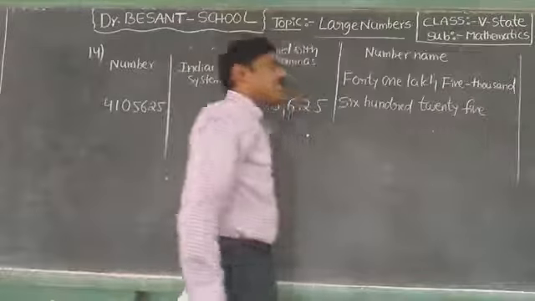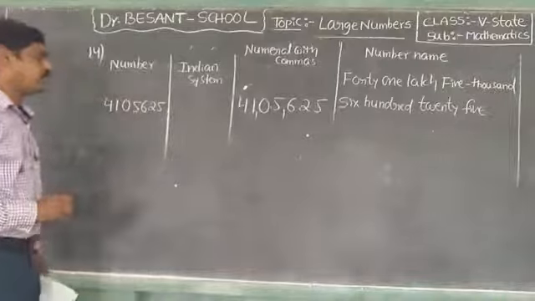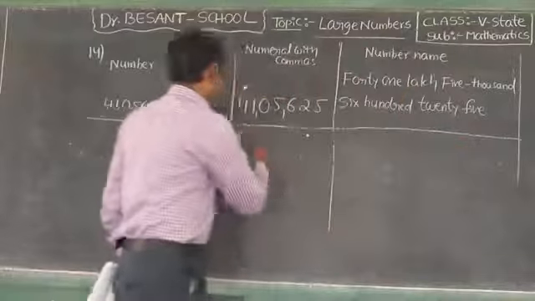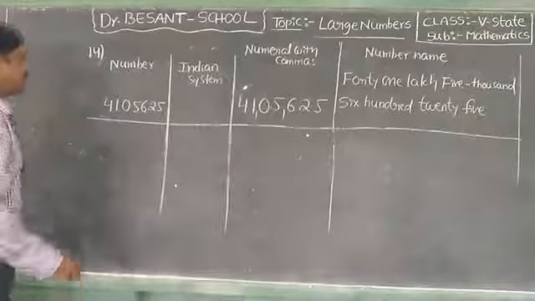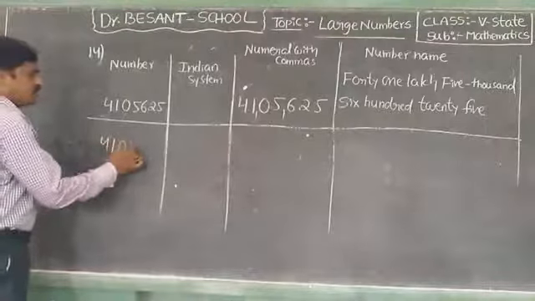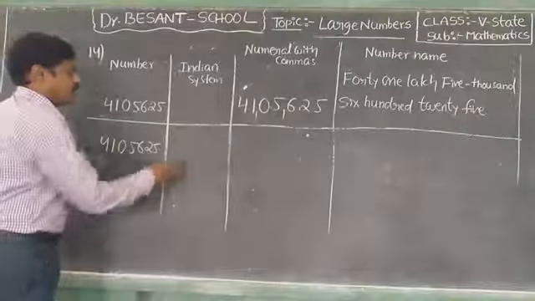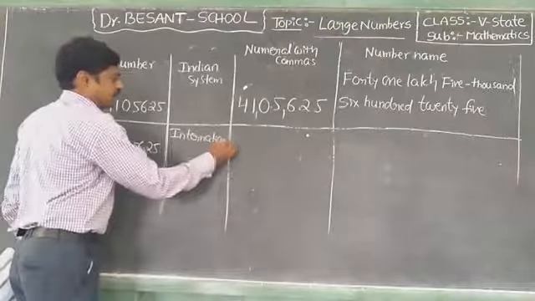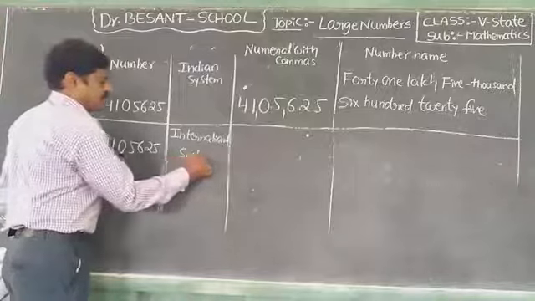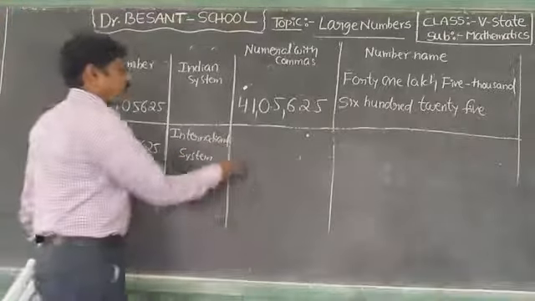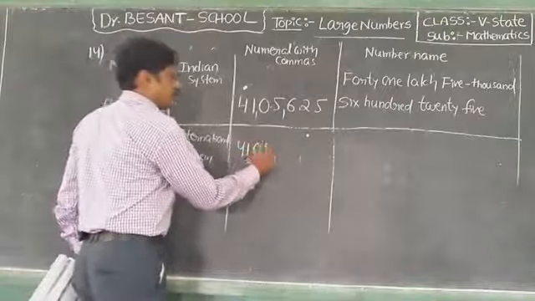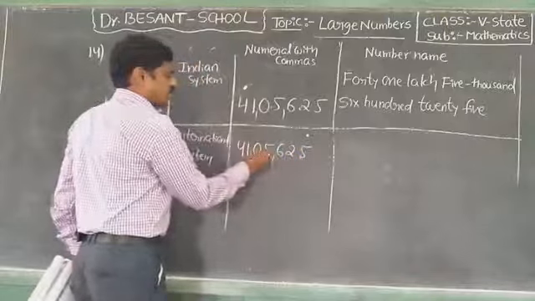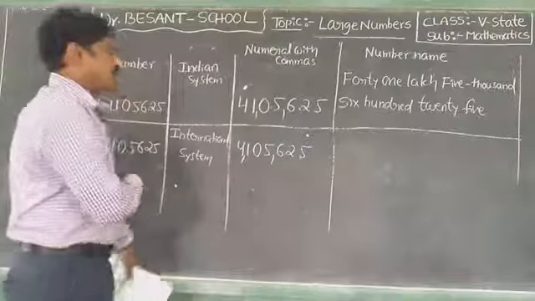Okay children, so this is the Indian system of numeration. Next, what about the international system of numeration? Same number, 4105625. Now international system: 1 to 10 to 100, 1000, 10,000, 100,000, next to million.